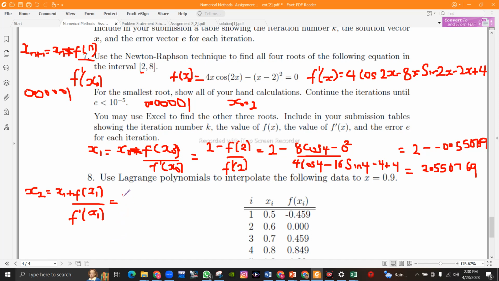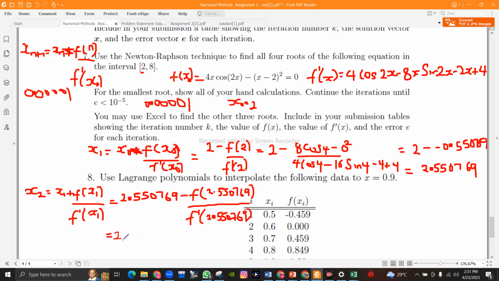That's 2.550769 minus f of 2.550769 divided by f prime of 2.550769.